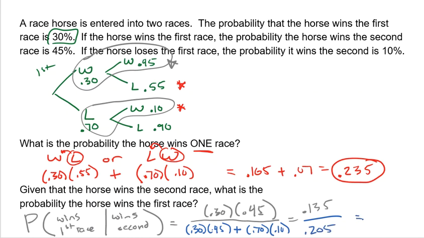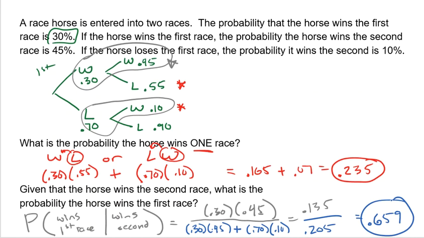So now I got to divide. 0.135 divided by 0.205 is 0.659. So if you win the second race, there's a very good chance you won the first race. So the probability that you win the first race, given that you won the second, is almost 66%, 0.659, 65.9%.